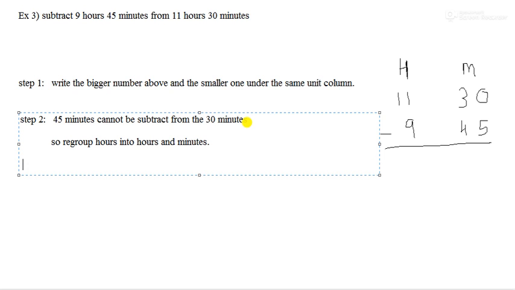So here 1 hour from the hours column is taken to make 60 minutes. In the hours column we have 11. If we take 1 hour from this 11 hours, that 1 hour can be taken as 60 minutes.